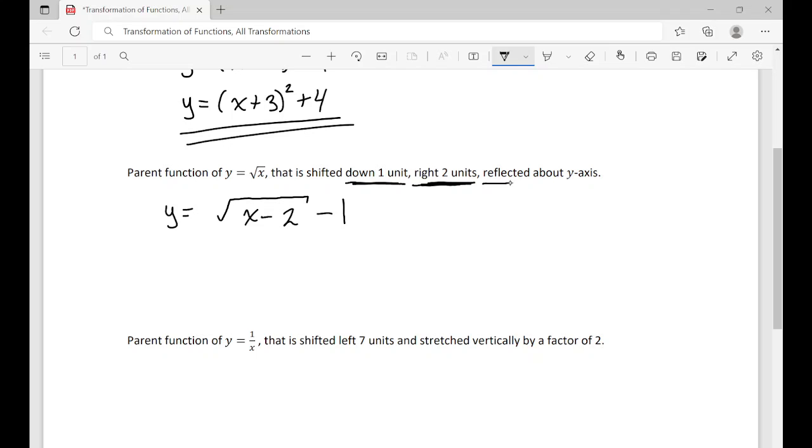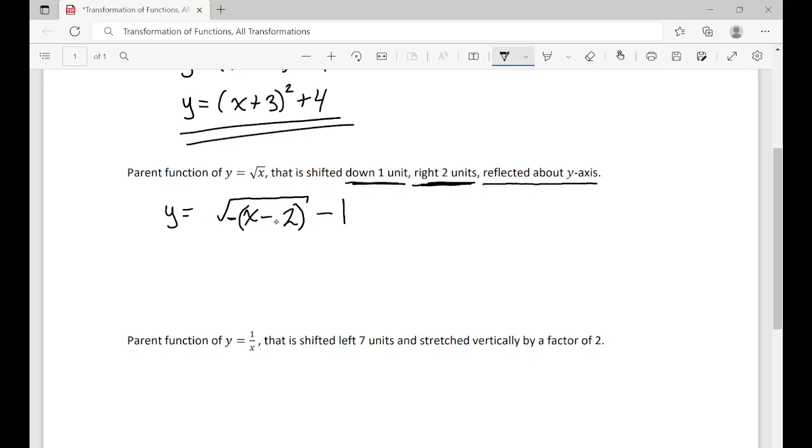Now this is what you got to be careful for. Reflected about the y-axis. That means we're going to have a negative, but it's going to be inside the function like so, but the negative accounts for everything in here, so this needs to be in parentheses like so. And so we got this.